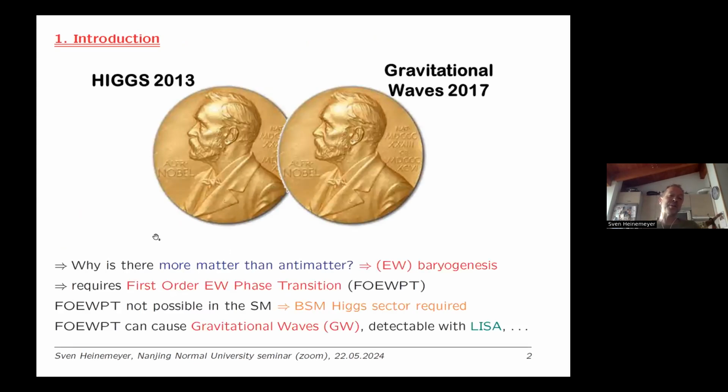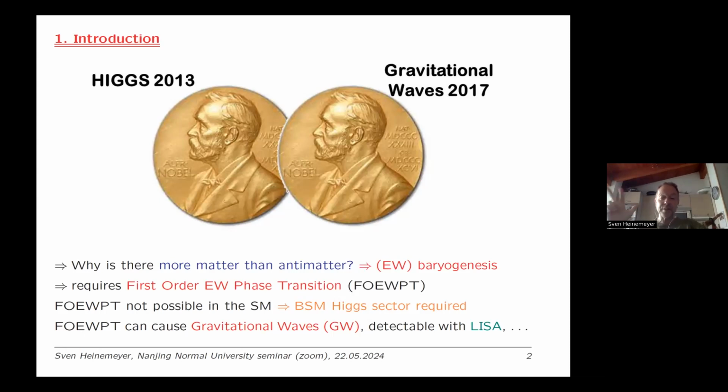And it starts out with a question: why is there more matter than antimatter in the universe? One of the top candidates, one of the two candidates that is really analyzed in the literature, is called electroweak baryogenesis. And I will not talk about electroweak baryogenesis in detail. It's just something that can take place in the very early universe.